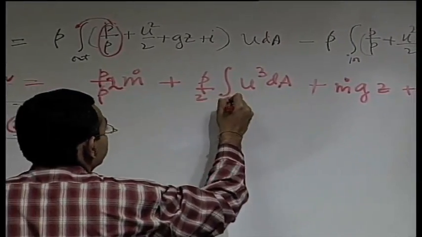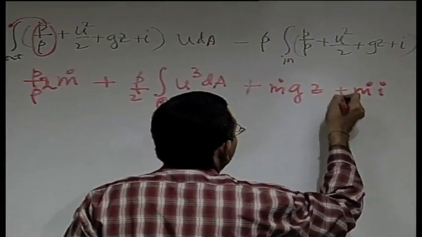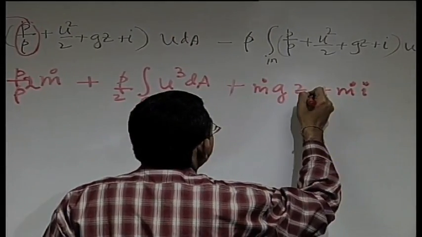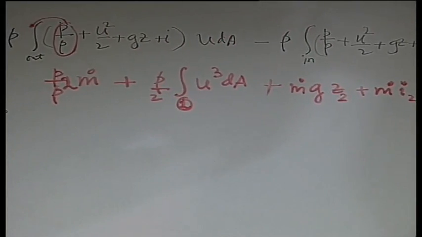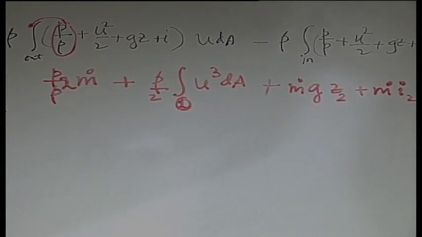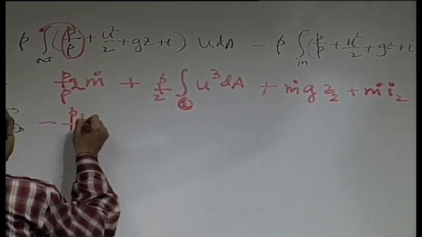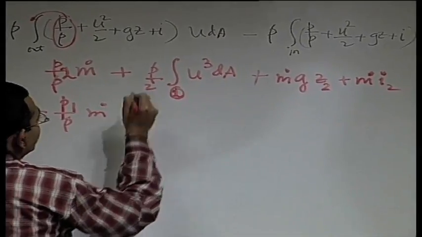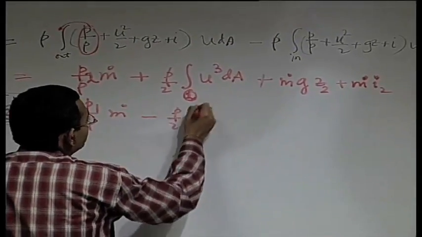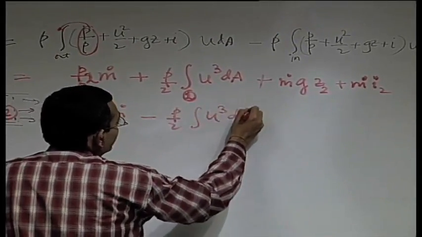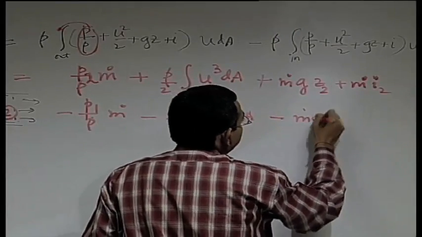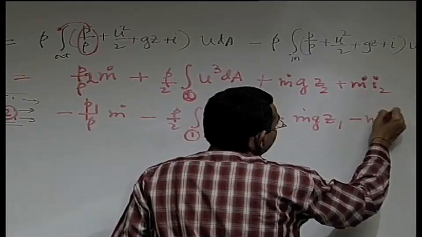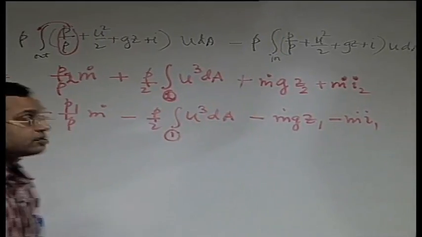Okay. m dot Gz2, I2, then minus similar terms for 1. So minus P1 by rho m dot, minus rho by 2 integral of u cube dA for section 1, minus m dot Gz1, minus m dot I1.